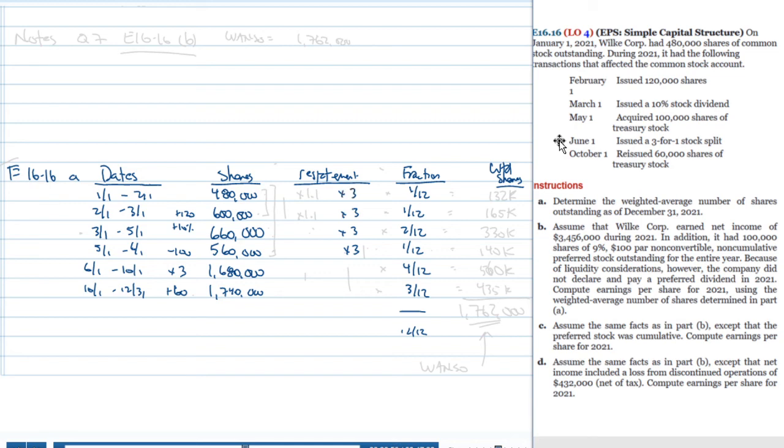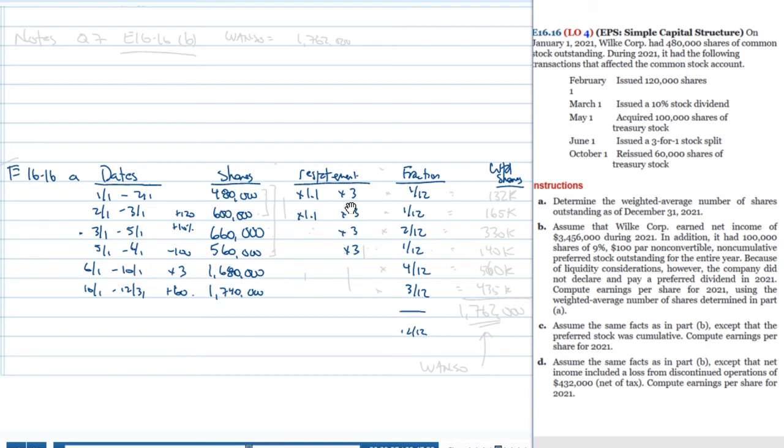The things that happened after June 1st, all of those shares have already been split, so those changes, the 60,000 treasury shares, have already been subject to the stock split, so we don't have to do anything with those. And then everything prior to March 1st is subject to the 10% stock dividend. So we're going to multiply it by 1.1 to increase it by 10%. You don't want to multiply it by just 0.1 because that'll shrink the number. You actually want to increase the number of shares.